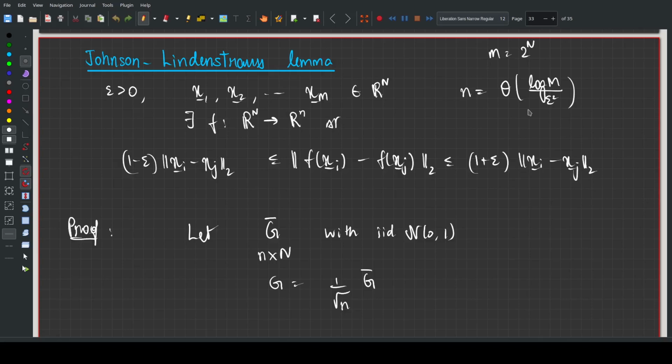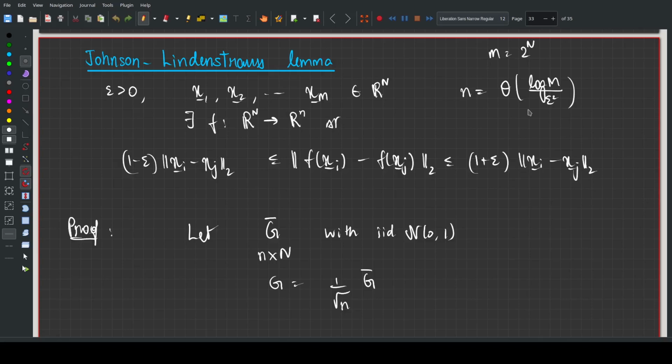That is true. Agreed, but typically the assumption here is that epsilon is some constant. In these sorts of applications, you treat epsilon as a constant, but m and N are allowed to grow.